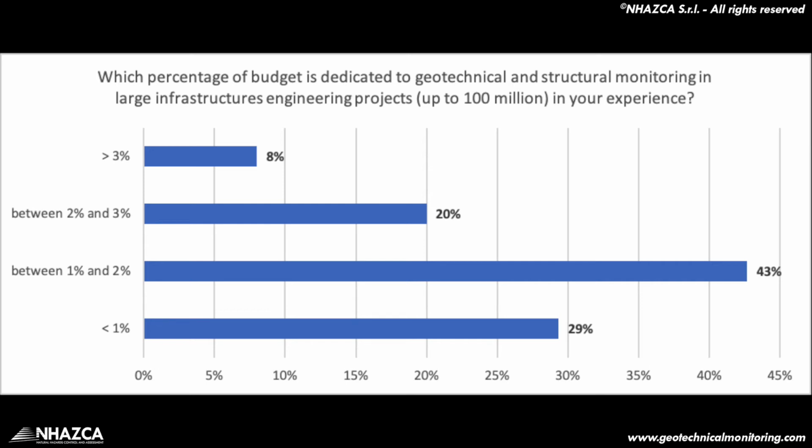And 41% of people are saying between 1% and 2%. About 30% are saying less than 1%. So it means that for a 100 million euro project, you have less than 1%, so less than 1 million spent on monitoring, while 18% of people are saying that it's between 2 and 3%.